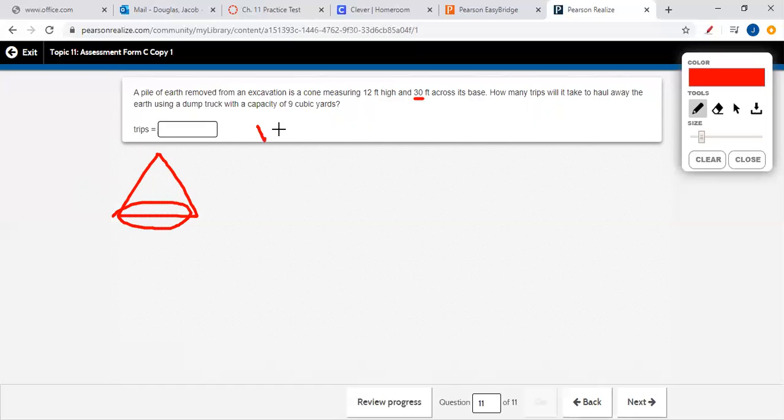The first thing we need to do on this problem is find the volume of this cone that they have removed from the earth. This is 1/3 times pi r squared times h. We can now substitute the values they gave us. The radius is half of 30, because 30 is across the entire base and we only need half of that. So this is 15 squared, multiplied by the height, which is 12.